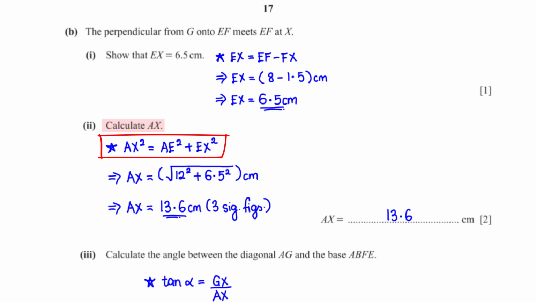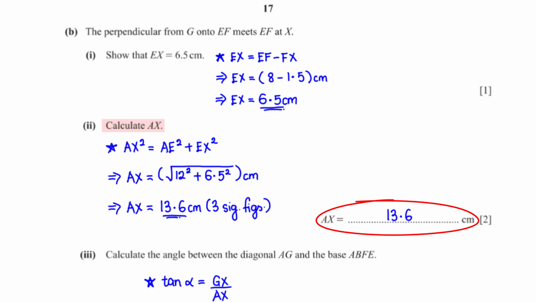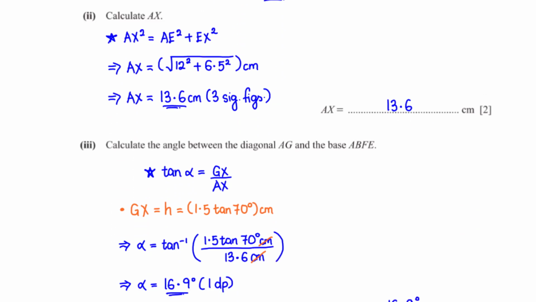This gives us AX squared equals AE squared plus EX squared. When we make AX the subject of the equation and substitute the values of AE and EX, this is what we get. When we type this into the calculator, we get 13.6 centimeters rounded to 3 significant figures.